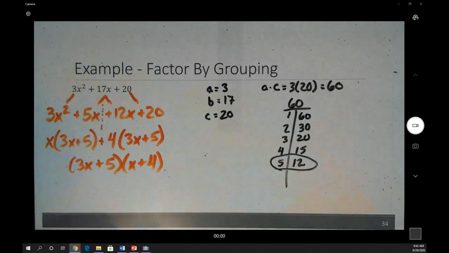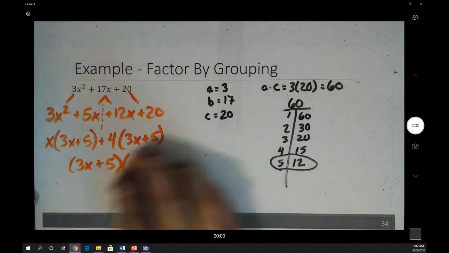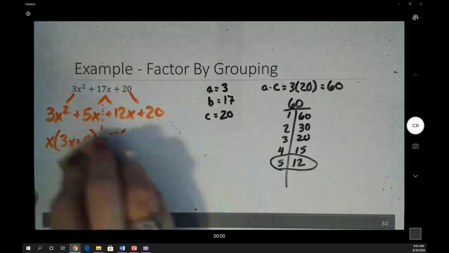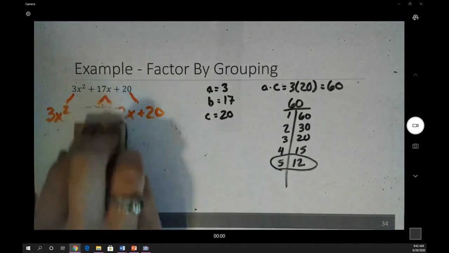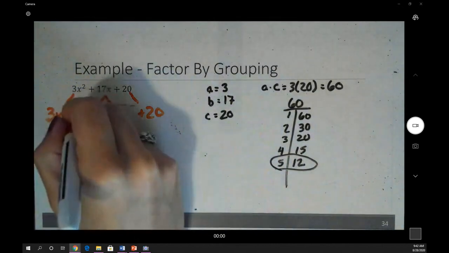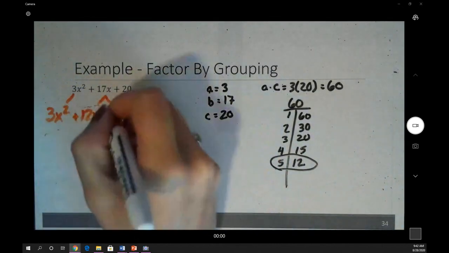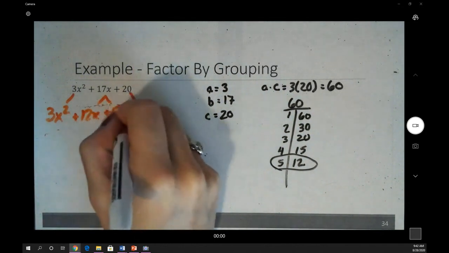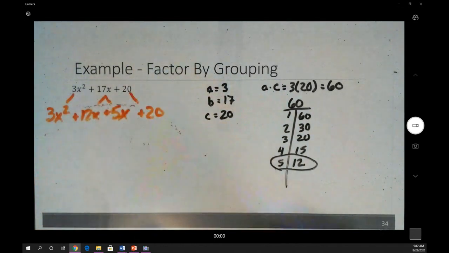Now you might be asking yourself, well, what if I wrote 12x first and then the 5x? What would happen? Well, let's check it. So what if we put the 12x first and then the 5x? We'd still break it up.